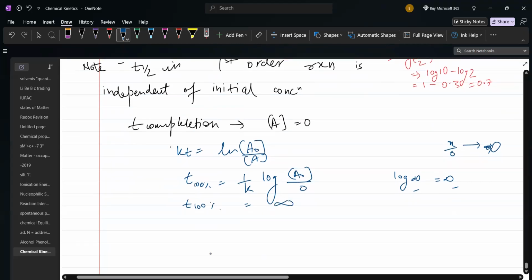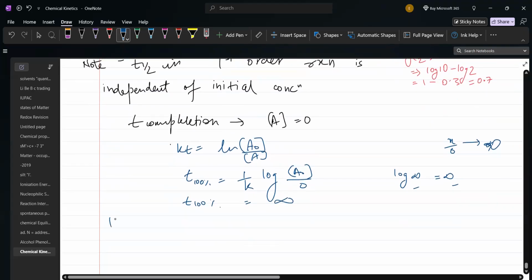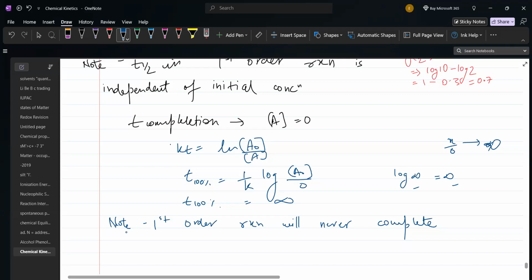Yes. So another note you can add: first order reaction will never complete. Yes or no? There are some practical examples in this world which go through first order reaction.